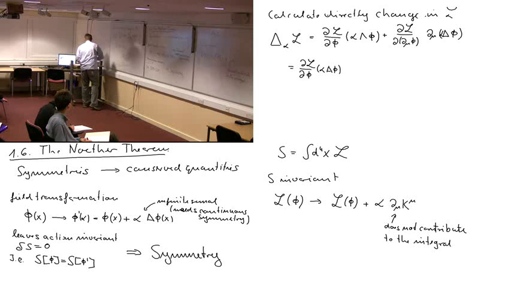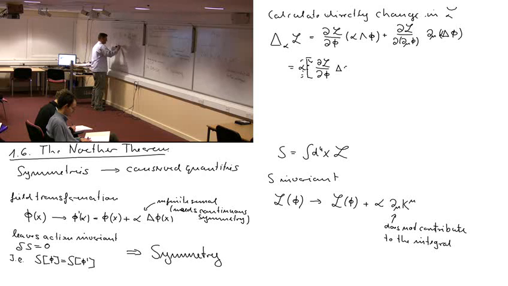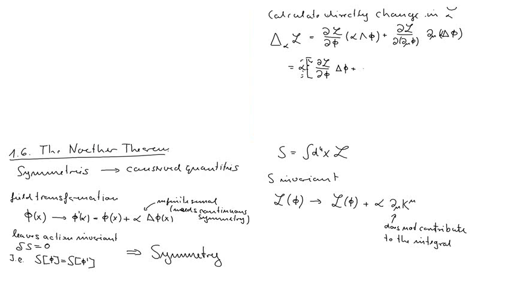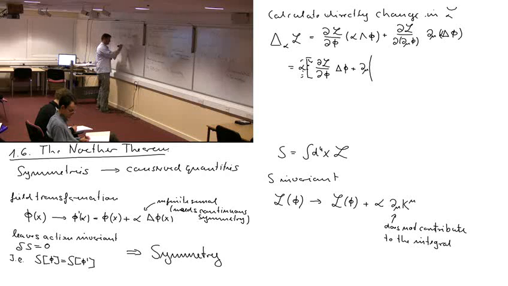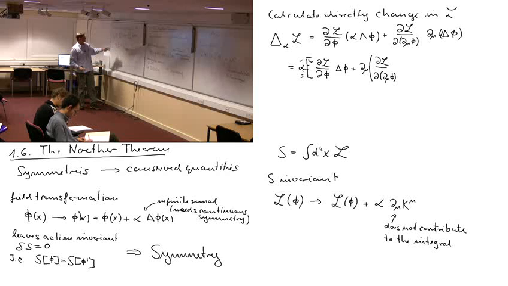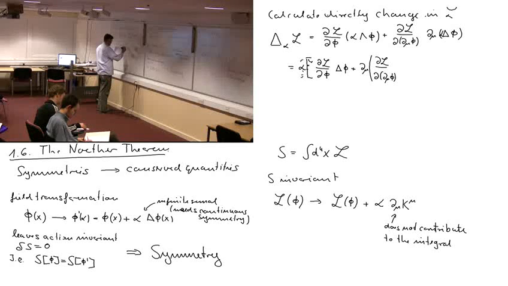If you allow me, I'll erase that and factor alpha out right from the beginning. Put alpha outside here. So I say dL by d phi delta phi. And now let me add a total derivative: d mu of the big thing, dL by d d mu phi. I cannot immediately throw away total derivatives because I don't integrate. I'm calculating the change in the Lagrangian density. So I have no integral, so I cannot throw away total derivatives.